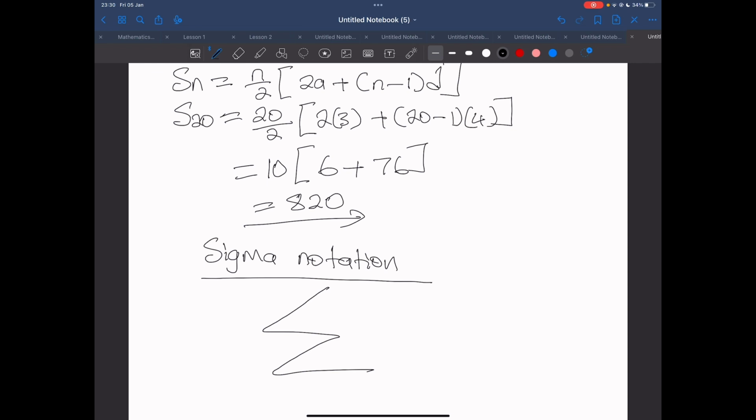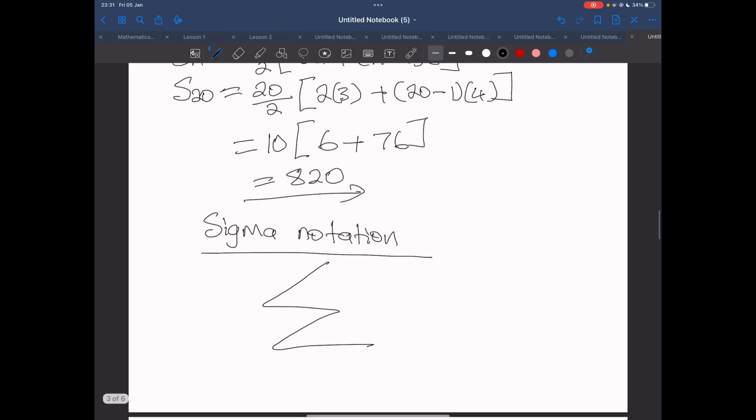When we see this symbol, it's actually an instruction to add. We are instructed to add, so we are summing. So in other words, we need to be able to interpret this sigma notation. Now here is where the general term is, and here we are told where to start. With which term are we starting?